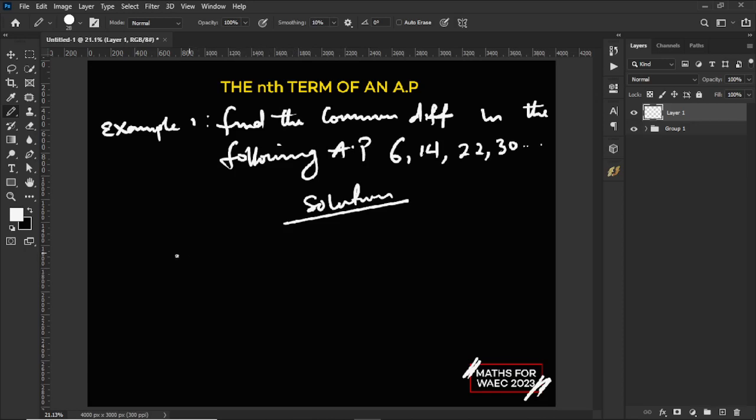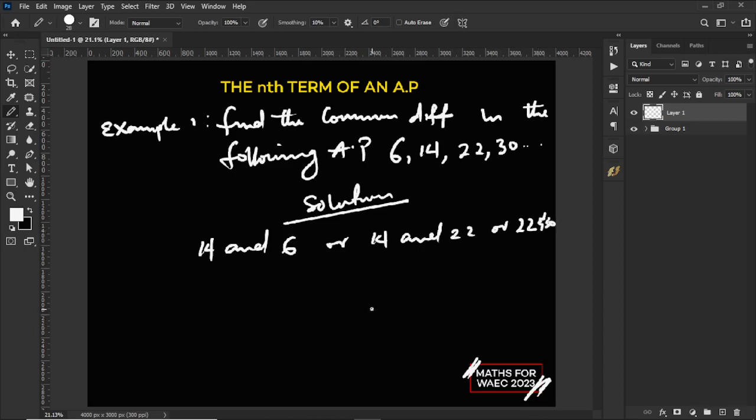Then you can use them to find the common difference. Let's take for instance 14 and 6, or you can go with 14 and 22, or 22 and 30.